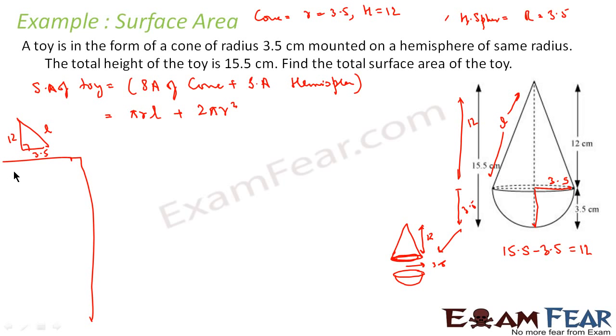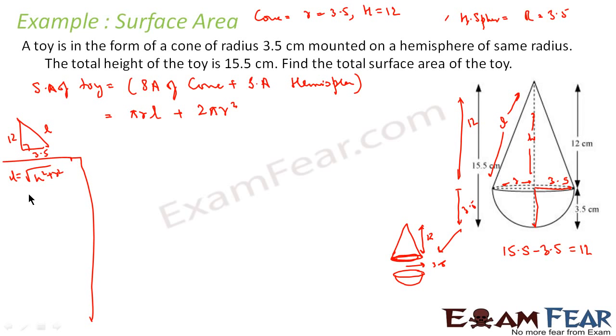You can see this. So L is nothing but root of h square plus r square, because in this triangle also, this is L, this is h, and this is r. So you get this right triangle. So L is nothing but root of h square plus r square using Pythagoras theorem.